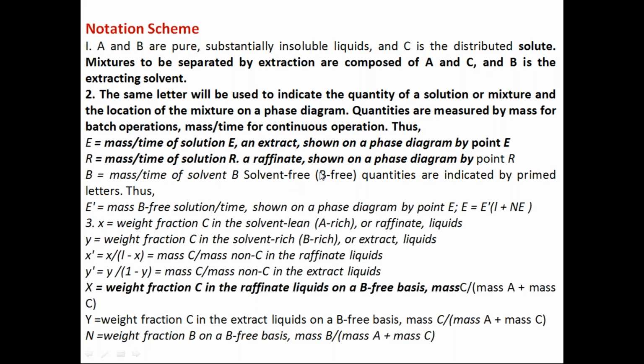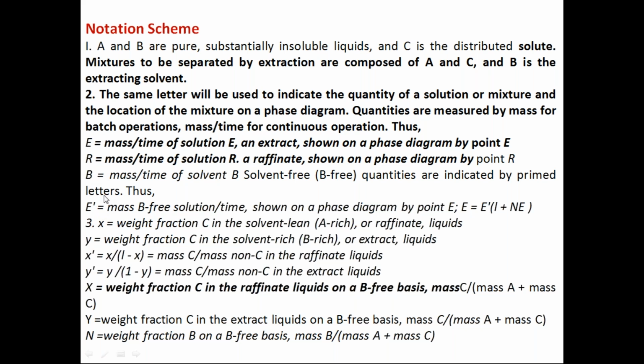B-free quantities are indicated by primed letters. Primed letters means B prime, like that. So B is the total solvent which is used in the system. If it is a batch process, it is the total solvent; if it is a continuous process, B is equal to mass per time of the pure solvent B. So you should indicate the solvent flow rate with B.